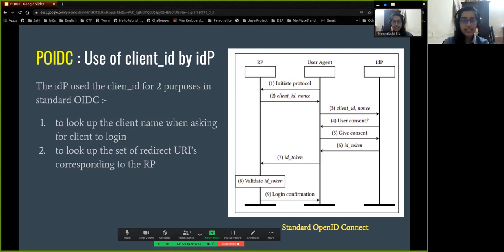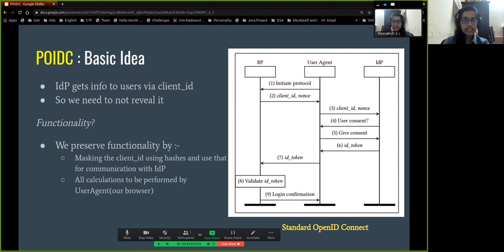So here the client ID is used for two main purposes. One is to look up the client when asking for consent. The identity provider would use the client ID to look up which RP is asking for consent and display the dialog box accordingly. The second one is to get the set of redirect URIs corresponding to the relying party.